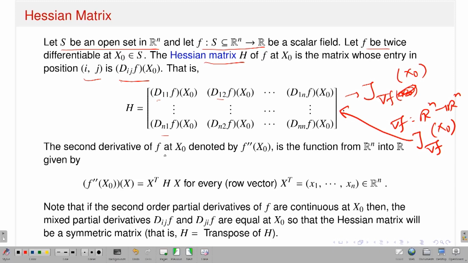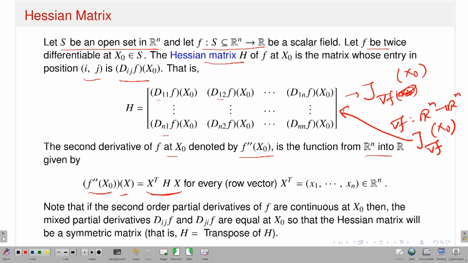Then the second derivative of f at x naught, denoted by f double prime at x naught, is a map from Rn to R, and there is a relation with the Hessian matrix and your total derivative. The total derivative is a linear transformation acting on x, which is nothing but x transpose H x. Earlier, if I have a symmetric matrix, I start with a map Q acting on x, which is x transpose A x, and I say that it is a quadratic form.